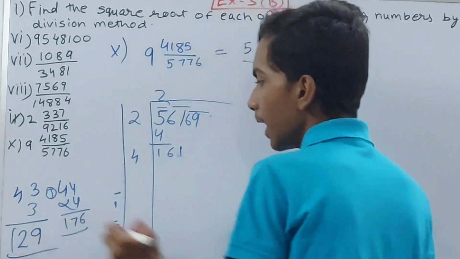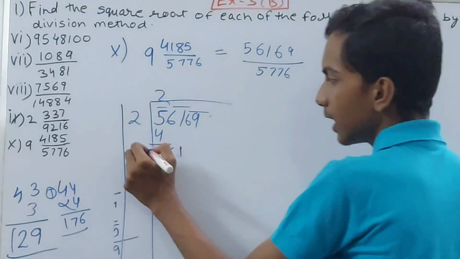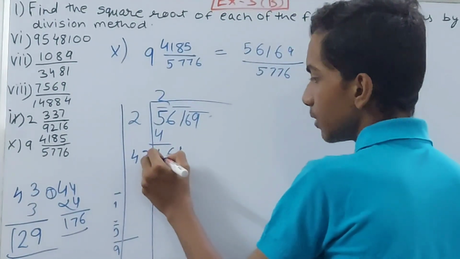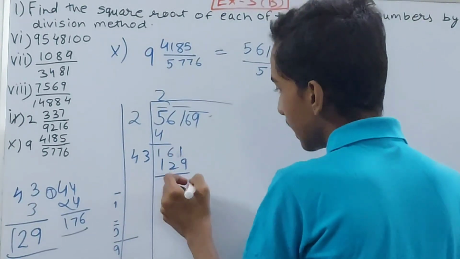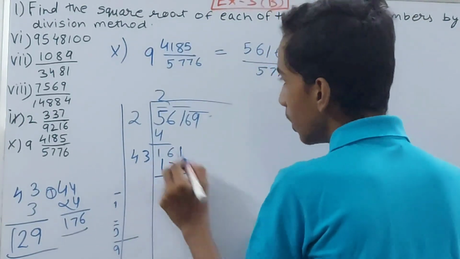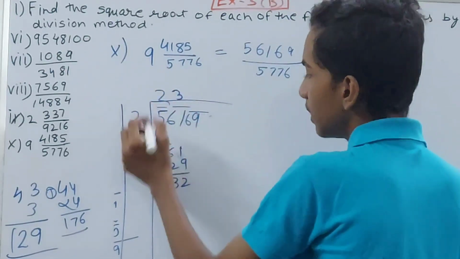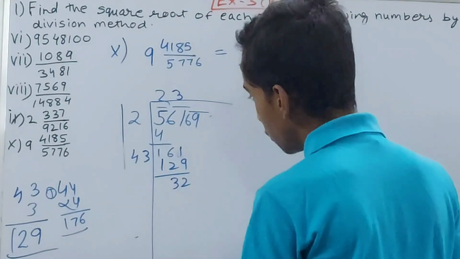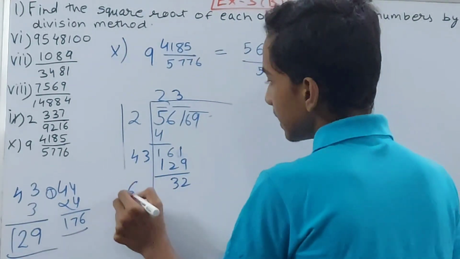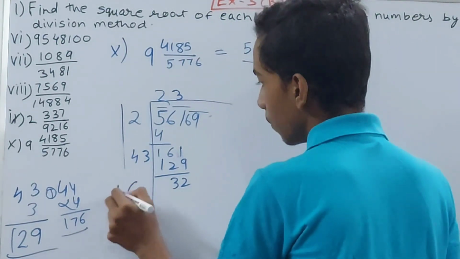So yes, definitely 3 is the nearest. So let's take that 43, and this will be 129. What do we get here? 30 and 31 and 1, 32, and here 3. 23 into 3 becomes what? Let's just quickly do that. 23 into 2, that is 6, and 4, 46.